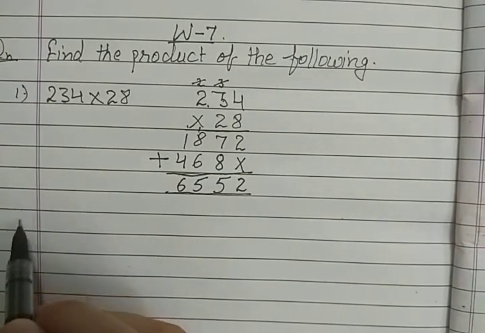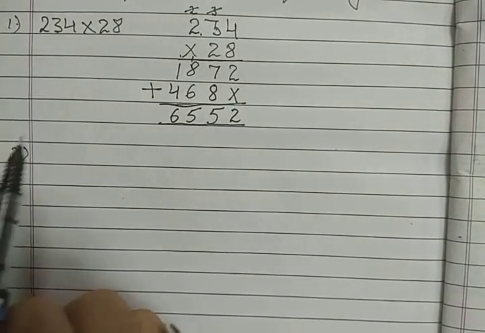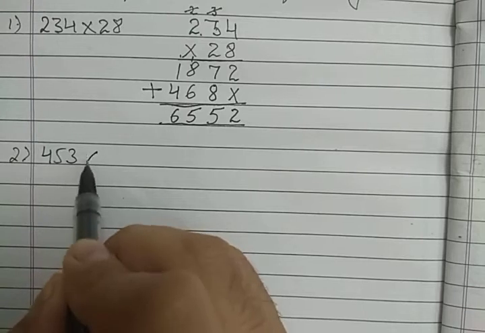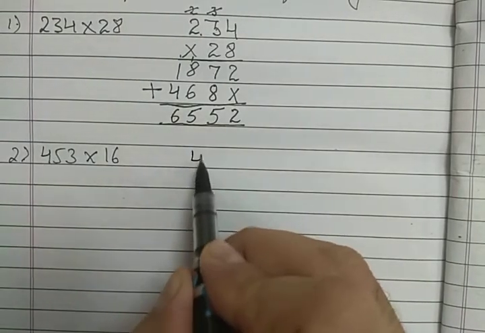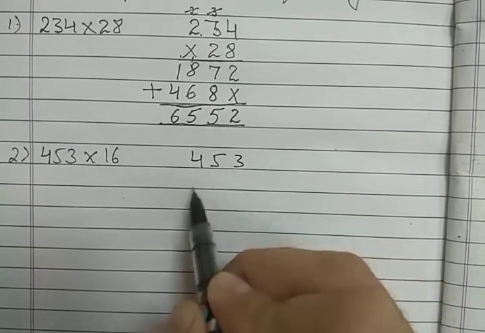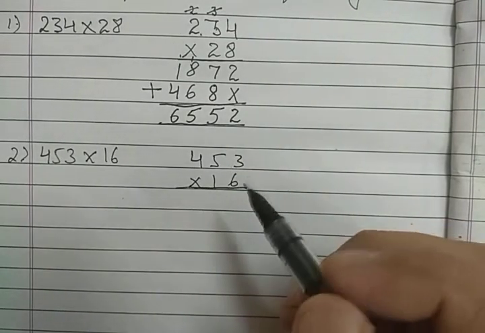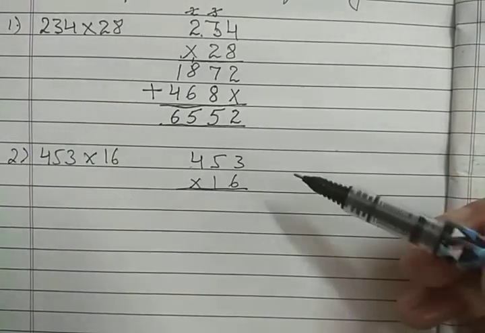Question number 2. 453 multiplied by 16. Multiply it. Now, again it has 3 steps.